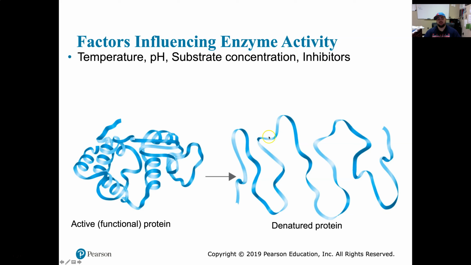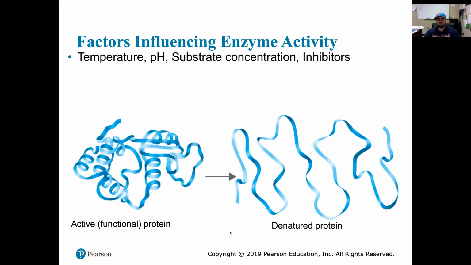If the temperature gets too hot, the enzyme will denature. It'll break apart and become non-functional. If the pH strays too far in one direction or the other, it will break the bonds holding the enzyme structure together, the protein structure. Hopefully you know which bonds those are.